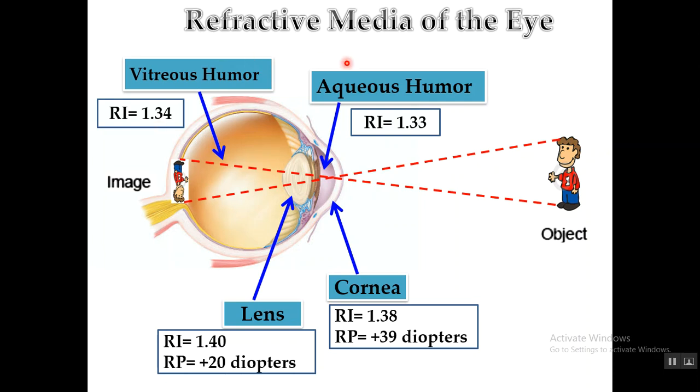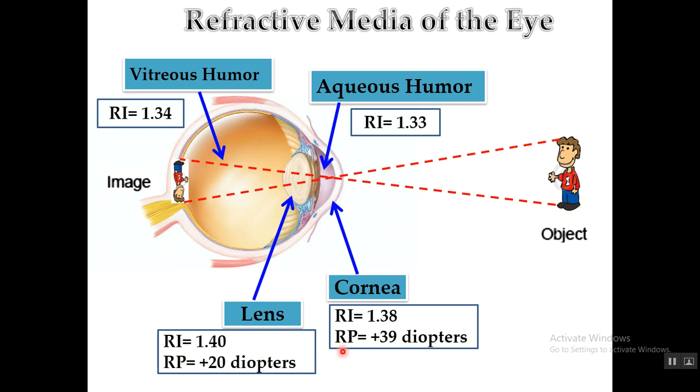So the refractive media of the eye are the cornea, then the aqueous humor, then the lens, and finally the vitreous humor. As we can see here, the total power of the eye is plus 39 diopters plus 20 diopters.